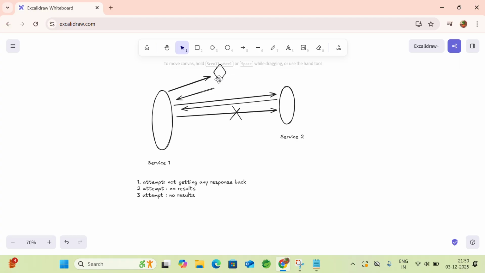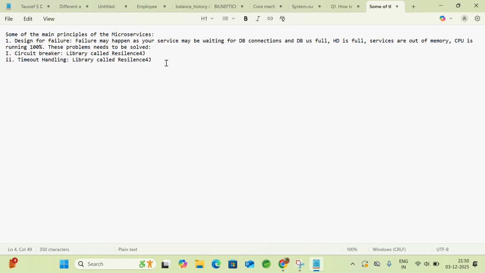The circuit breaker will manage it itself and return with no response. It need not move from service 1 to service 2; in between it will return back. So this is how we can write it here for the circuit breaker.